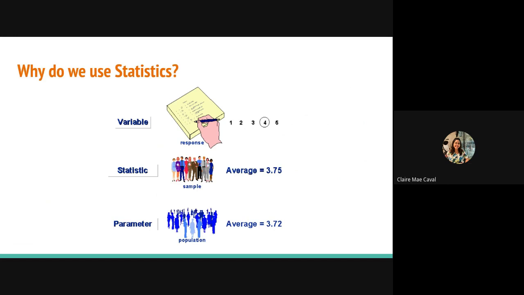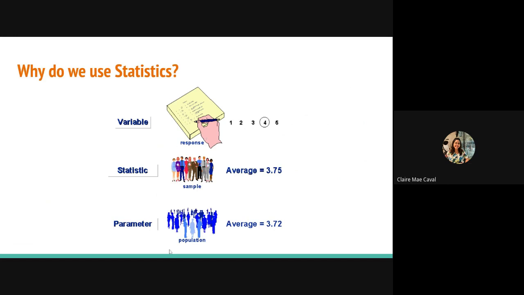So actually class, it is very time consuming, it is also very costly and difficult for the researchers to collect data from every member or every element of the whole population. So instead, data is collected from samples taken from that population. So for example, with inferential statistics, samples can already make educated guesses about the population measures.